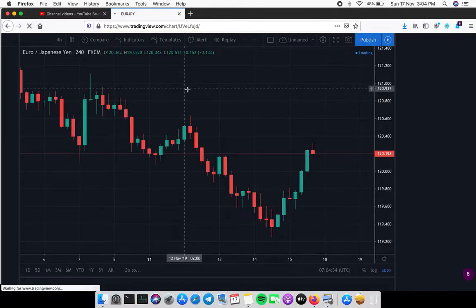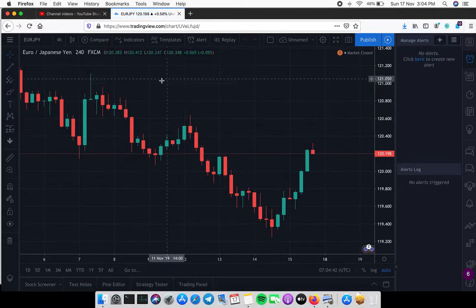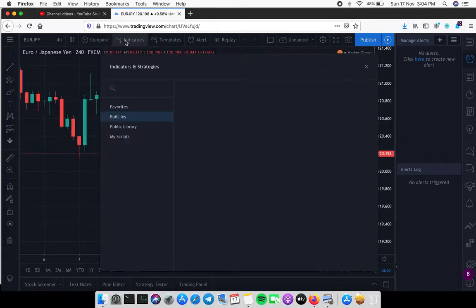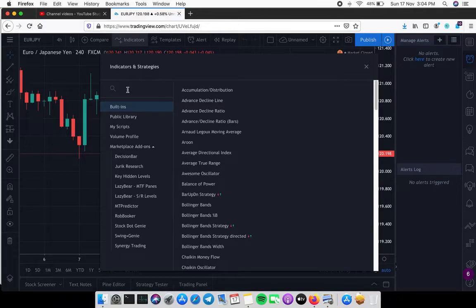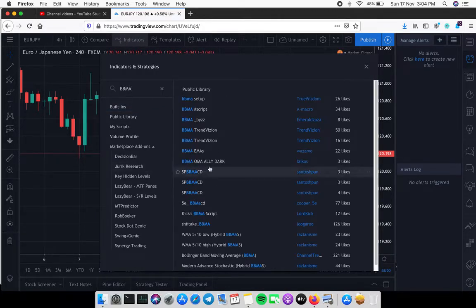If you load your chart, I prefer to use the dark chart because it's easier for me to see, but as you can see, there's nothing on the chart now. So we look at indicators. We click on this button to add an indicator, and we type BBMA here. Once you do that, you should be able to see this BBMA Omar Ali dark, and the author is, likewise, me.